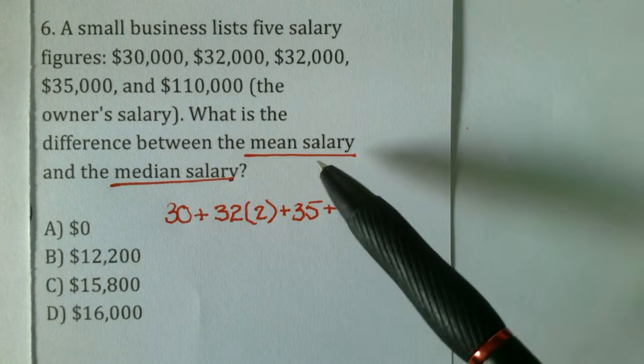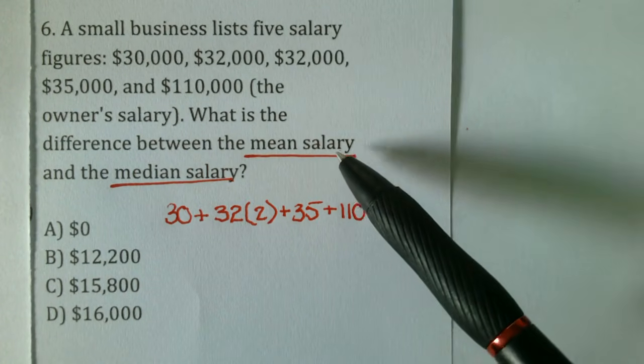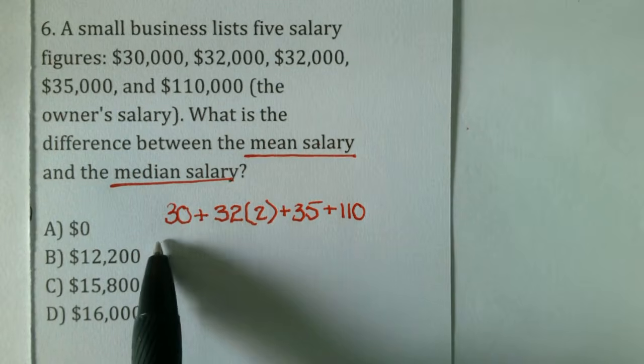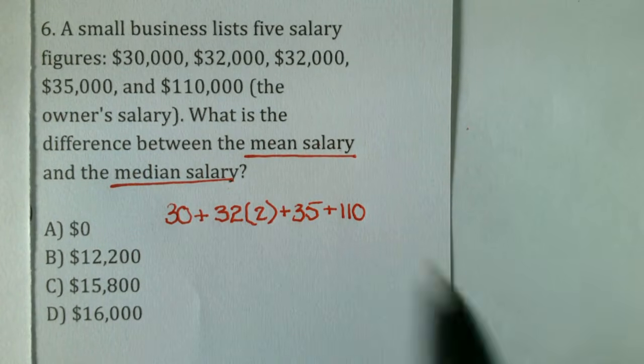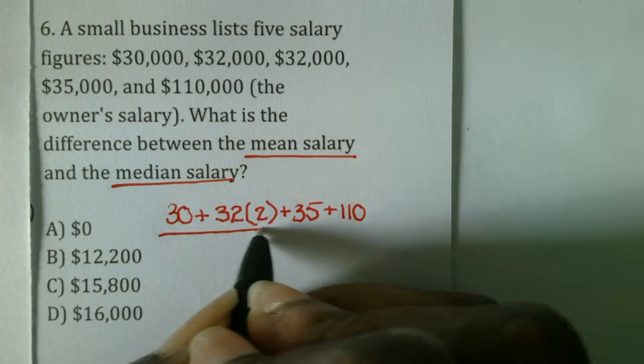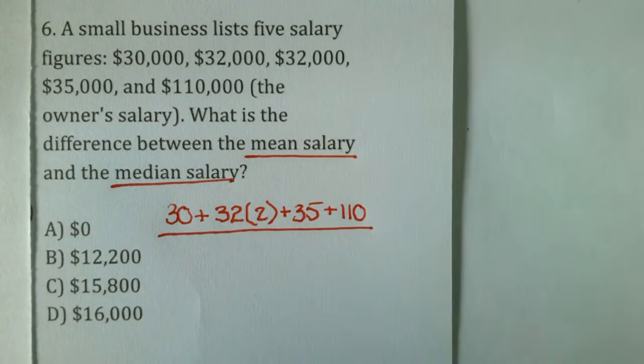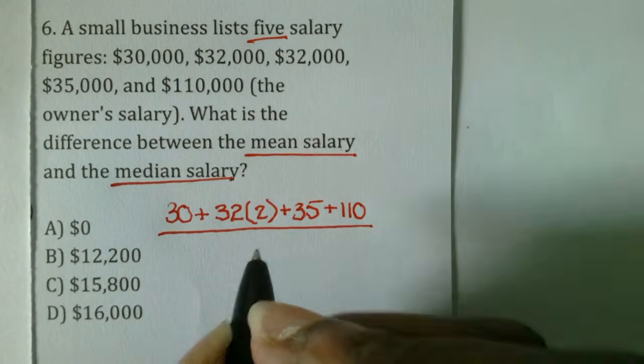Now, to find the mean is to find the average. That means you're taking the sum of your data and dividing by how many data points are in it, which is 5.